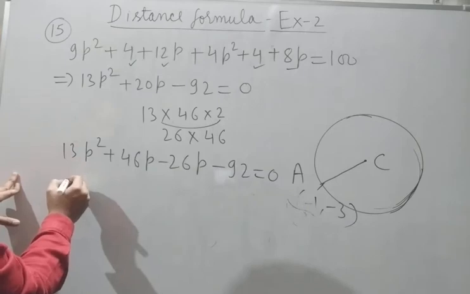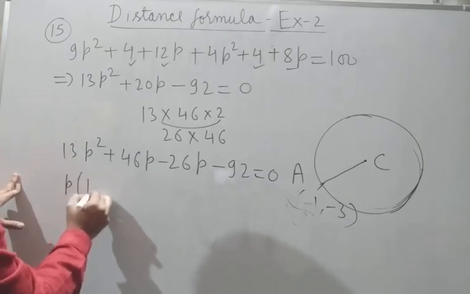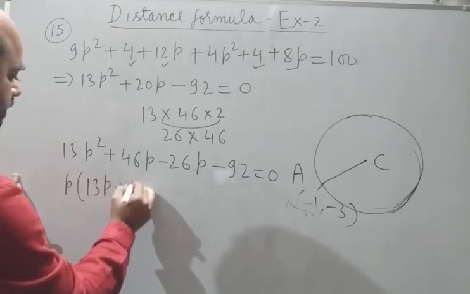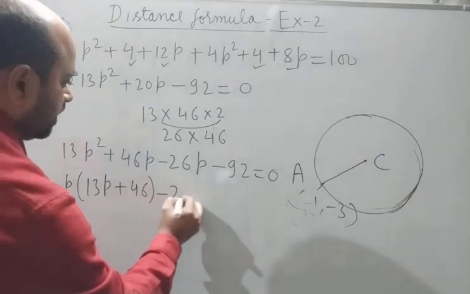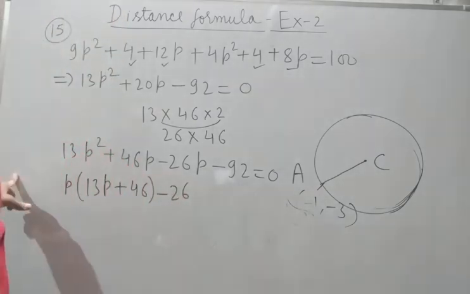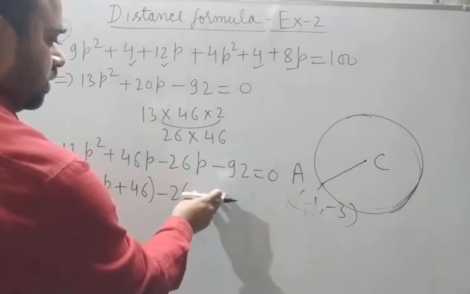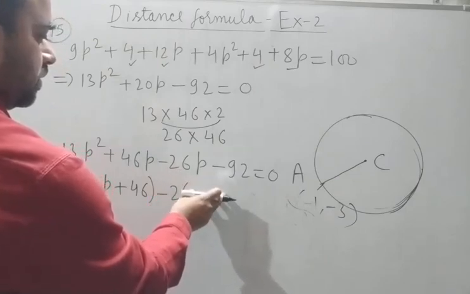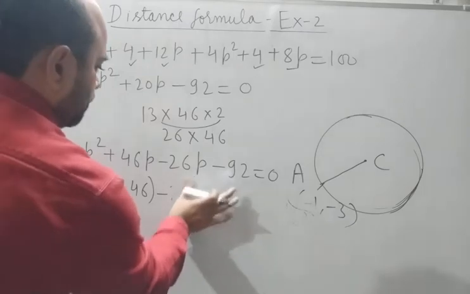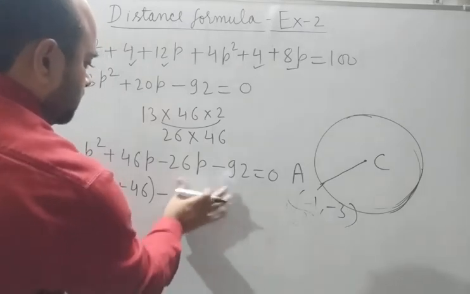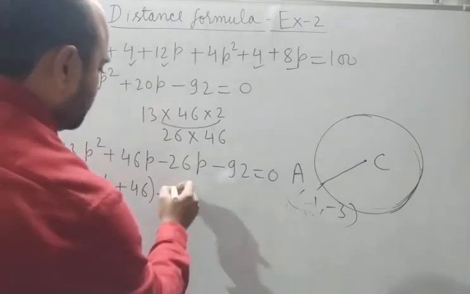So finally we will be having p(13p plus 46) minus 2(13p plus 46). Is it divisible? No. So we can take 2 common.